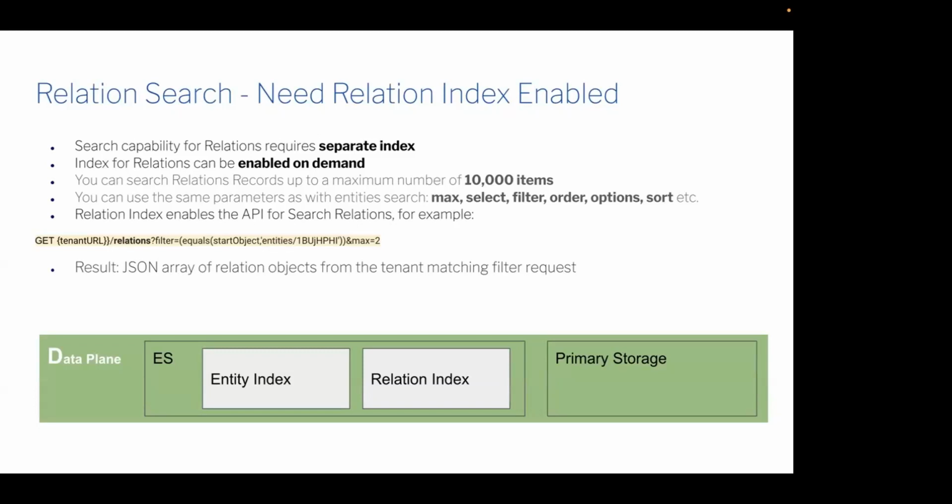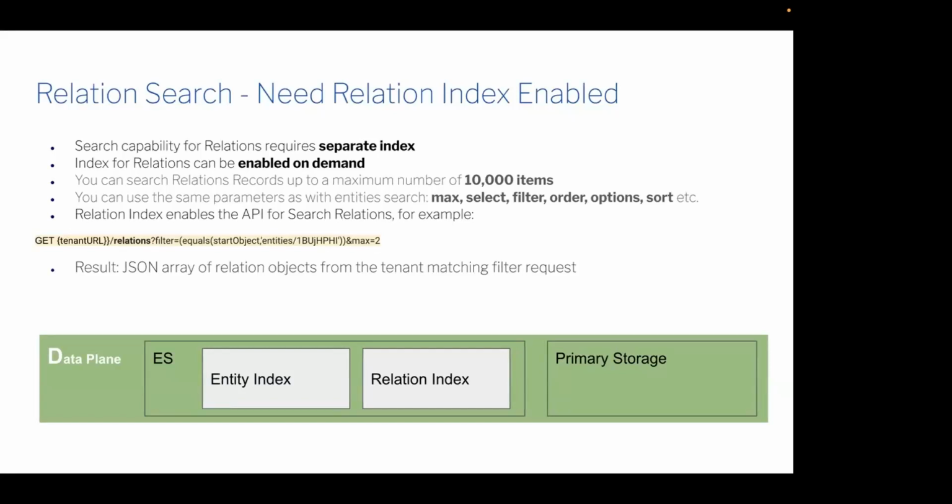You can search relation records up to a maximum of 10,000 items with a single request. That's a similar request to the search API Abra was walking you through. You just replace the keyword entities with relations, and you can do the same type of filtering. You can use ordering, you can define the maximum number of items returned, and so on.